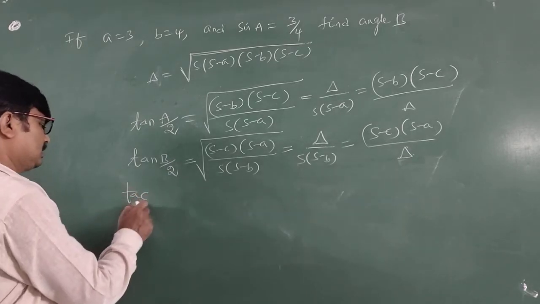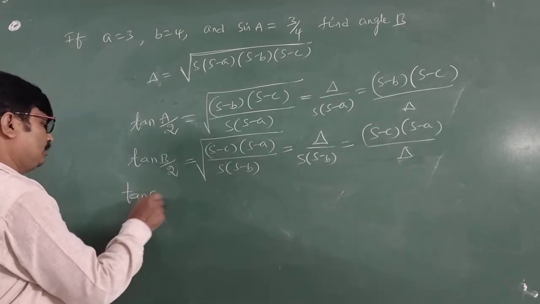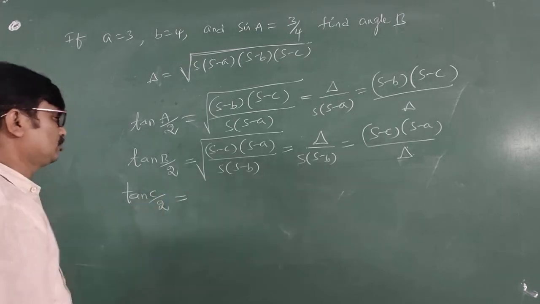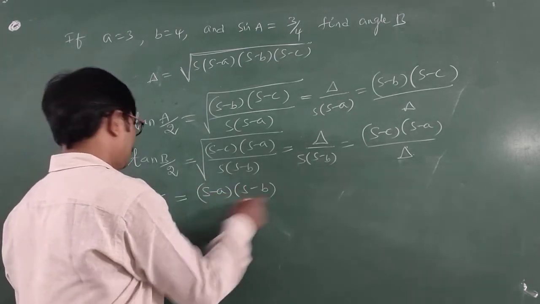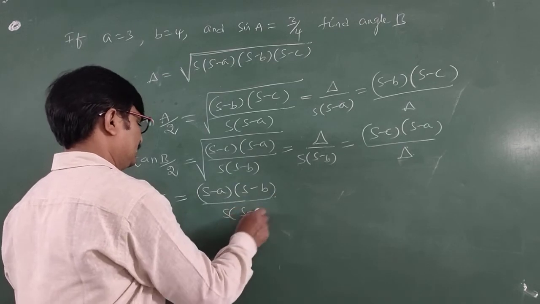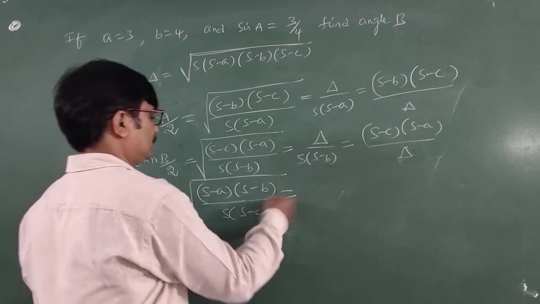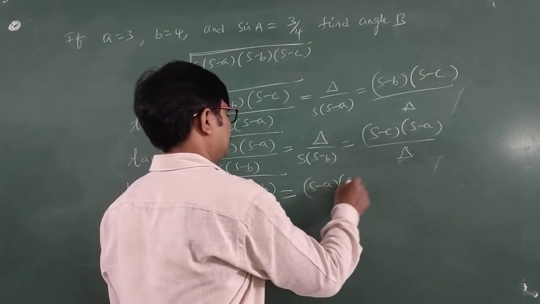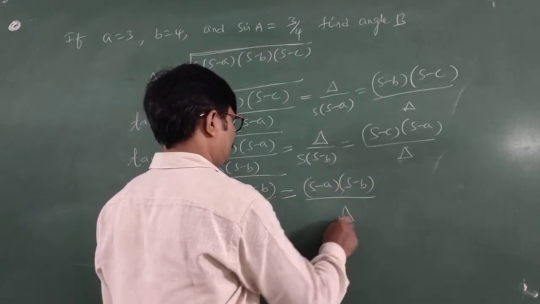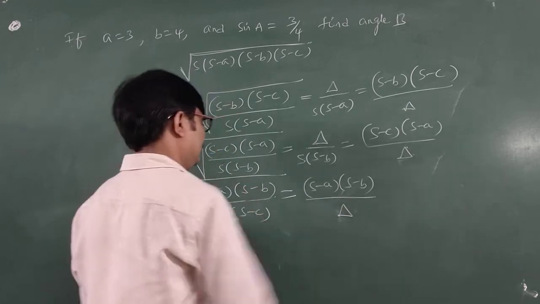Similarly students, the tan of C by 2 is root of S minus A, S minus B by S into S minus C. This is S minus A into S minus B, this is delta.